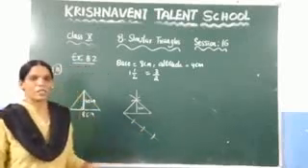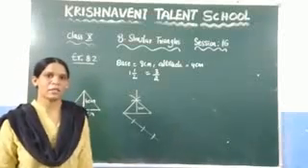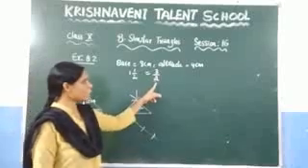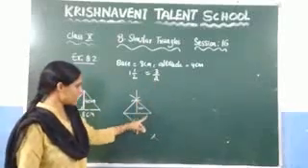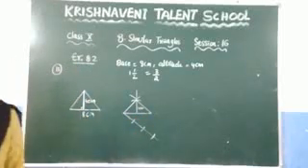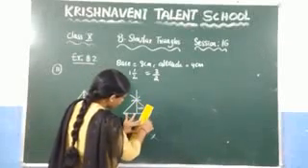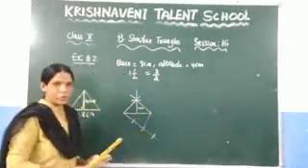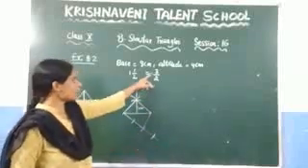Now, what is the next step? You need to check the number in the denominator, which is 2. So you need to join the second arc and the vertex. Now you need to draw a line parallel to this line at the third arc, since 3 is the number that is left.